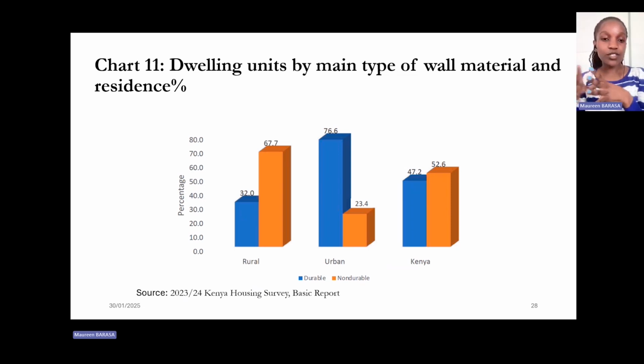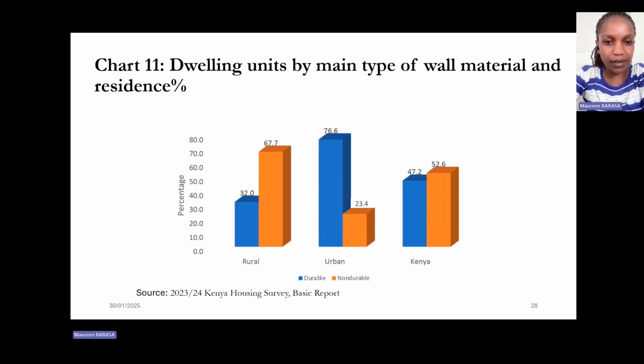So the most dominant type of wall material at the national level is the non-durable material. And also we found in the data that 0.1% of households do not have walls. That translates to around 13,000 houses that do not have walls.